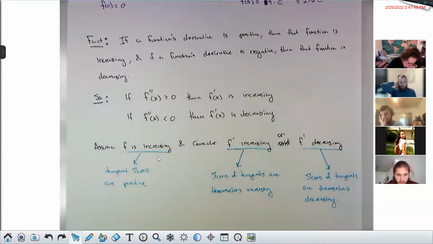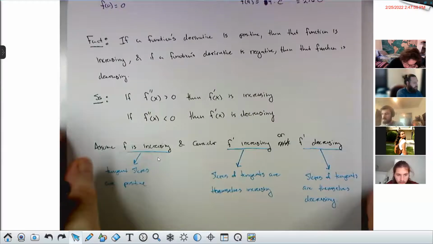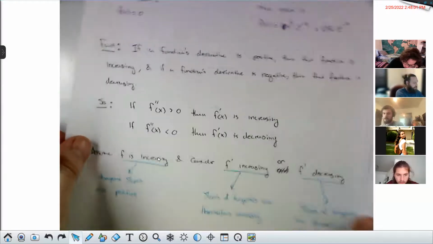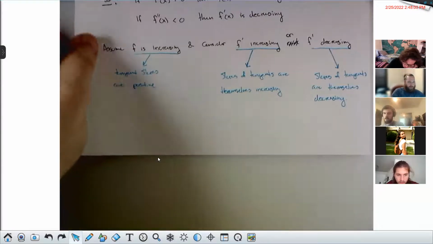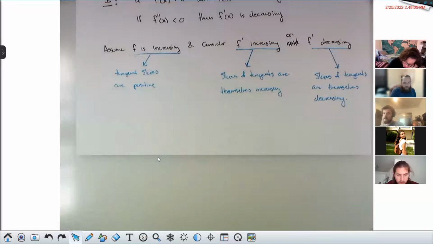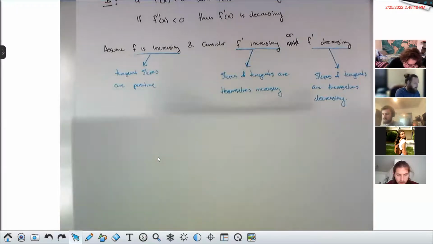I'll try to draw these two pictures for you by iterating little tangent slopes and see if you can suss out the shape of the graph, and then I'll tell you the names for those shapes. If you took college algebra way back in the day, you heard this as increasing at an increasing rate or increasing at a decreasing rate, which is just god-awful terminology. I'm so glad we got rid of that.